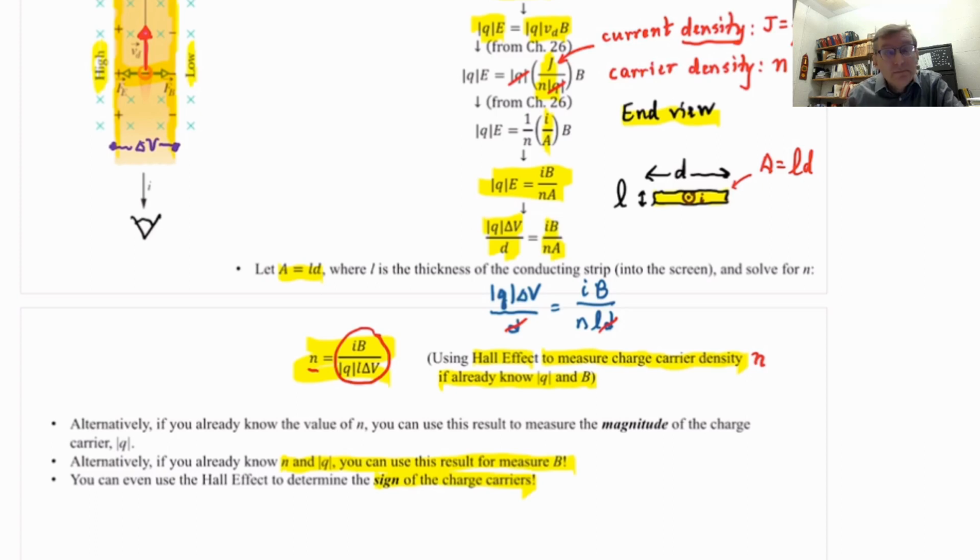So therefore, with any given conductor, it's not safe to just assume that the charge carriers are negative charges like electrons. They could be positive. And so what if you don't know for a given conductor whether its charge carriers are positive or negative? The Hall effect can tell you which it is. Let me talk you through how that will go.